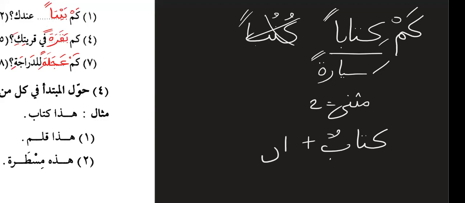We add alif and noon, ani equals kitabani. And that's for masculine and feminine. So we would say سيارتان, كتابان, محمدان, فاطمتان. جيد.